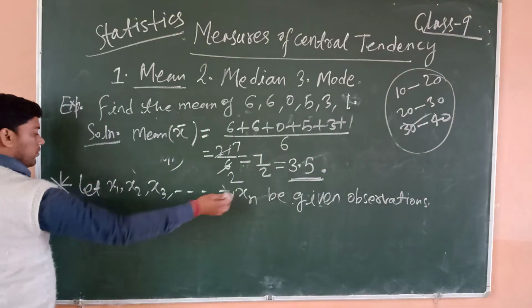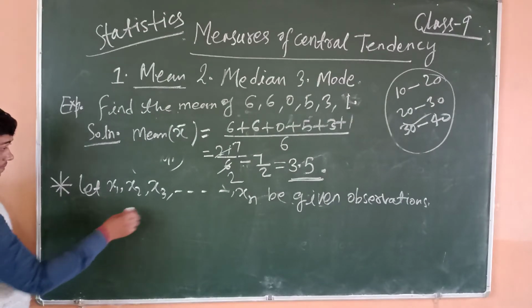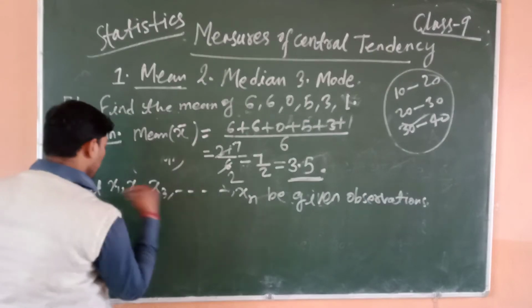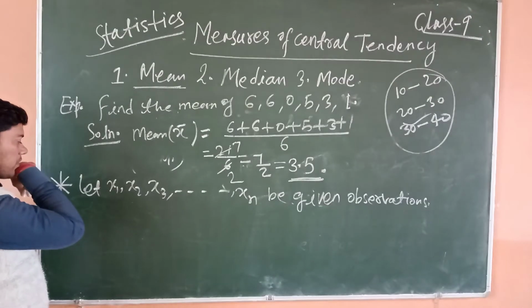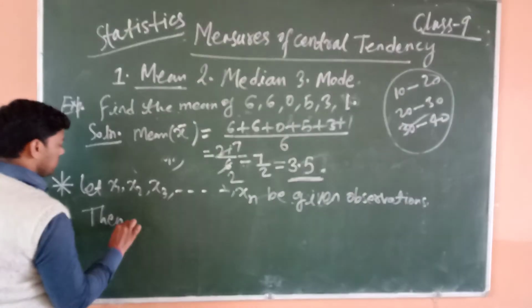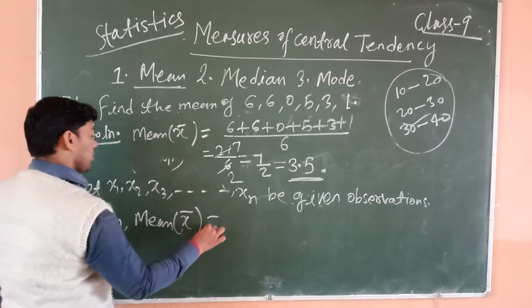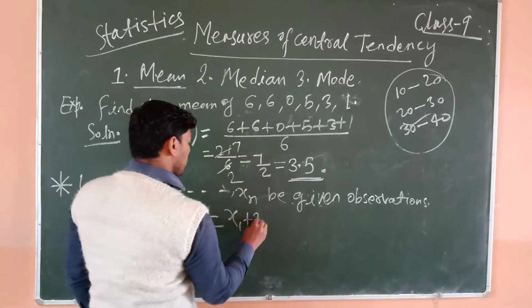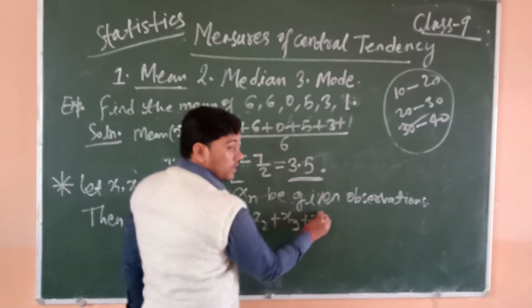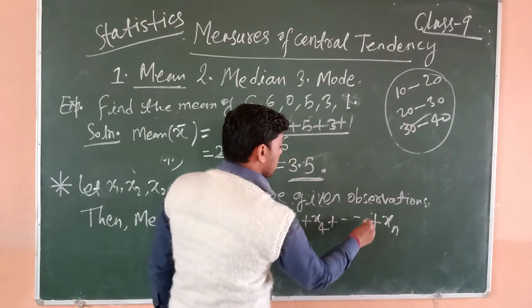There are n observations, from 1 to n. By definition of mean, sum of all observations means x1 plus x2 plus x3 plus x4 plus dot to xn.